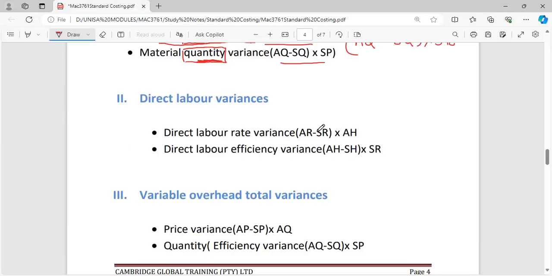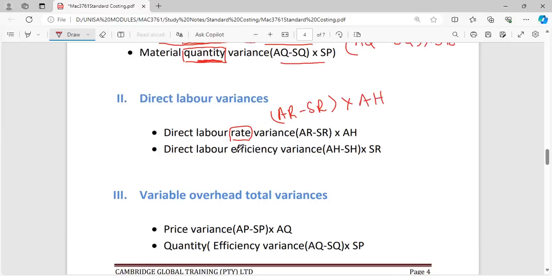The same applies when you build your formula for direct labor. If it is a rate, there is a budgeted rate and the actual rate. So you should now look at those two. What is the budgeted rate? That is going to be your actual rate minus the standard rate times now the actual hours that were worked.